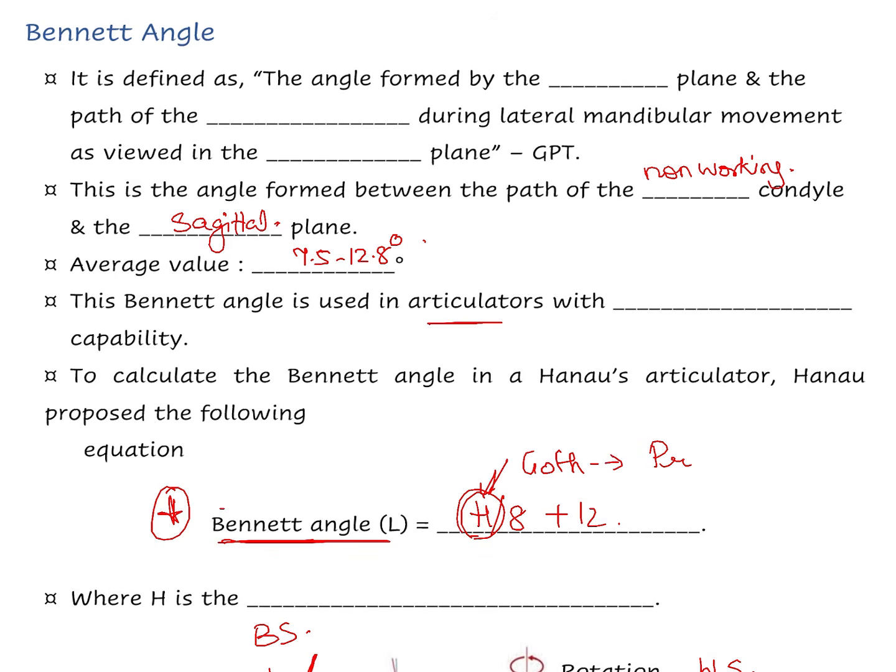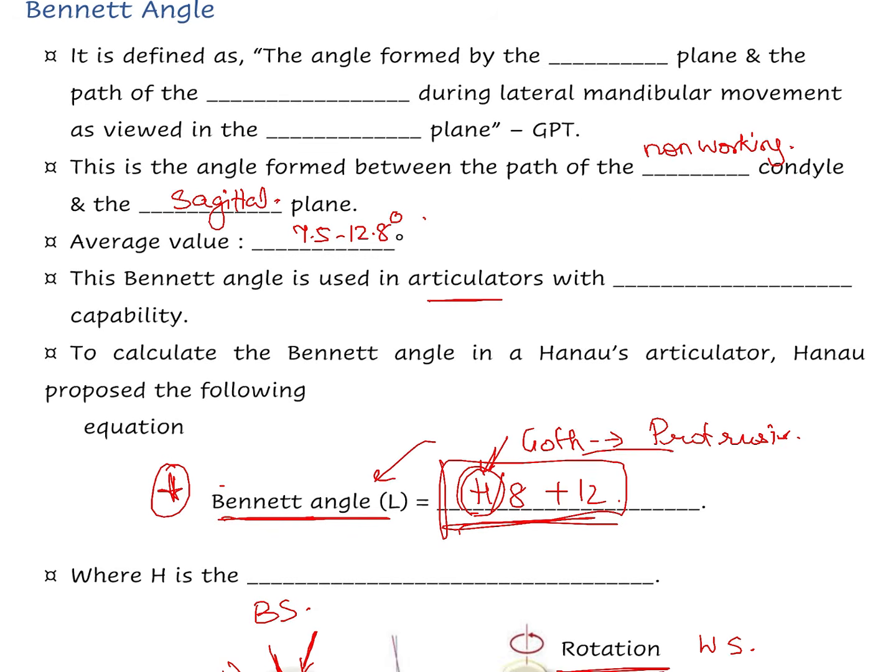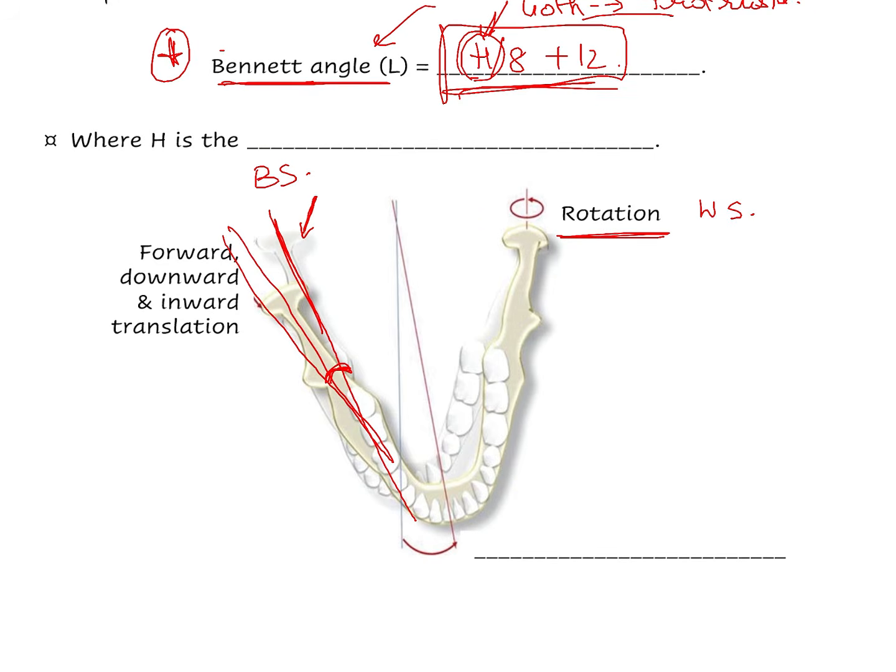You take a protrusive record and then you get the value with this formula. So for now, just remember the formula H by 8 plus 12 and watch the video on balanced occlusion to understand how this formula actually works. So H is nothing but the horizontal condylar guidance, right? And this angle is nothing but the Bennett angle.